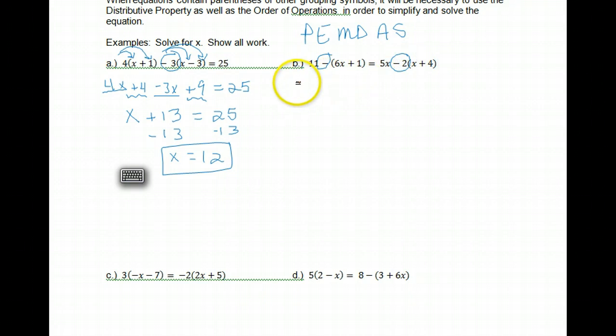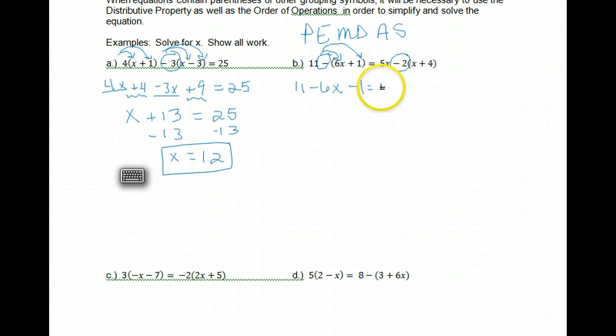So on the left-hand side, we will bring down our 11 and we will distribute a negative 1. Please remember that what's directly in front of the parenthesis is what gets distributed in. So we will do negative 1 times 6x and negative 1 times 1. So that will make negative 6x and negative 1.